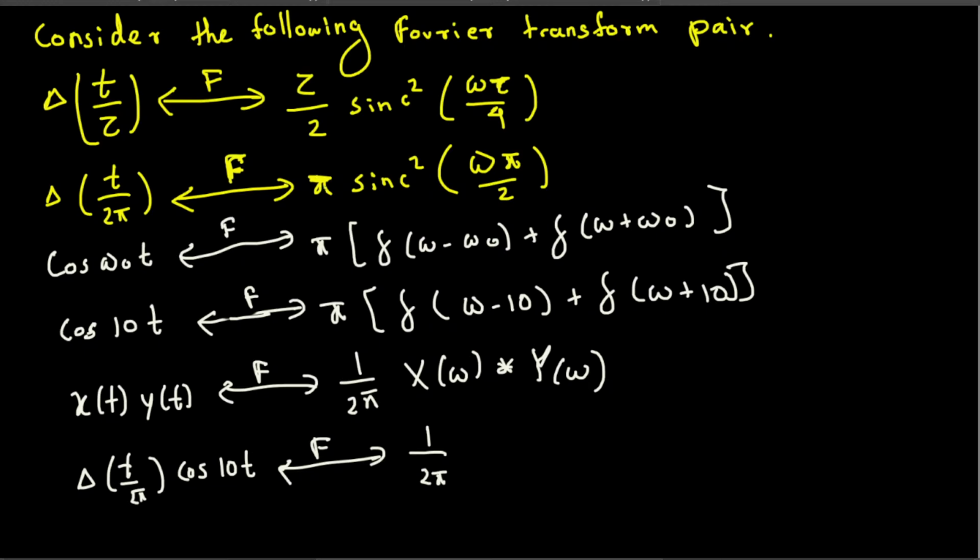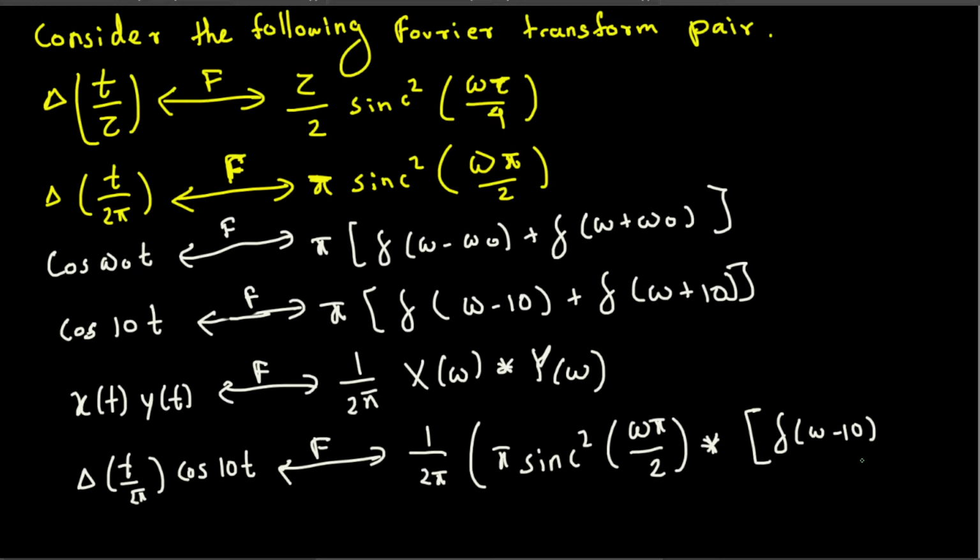The first function we derived is pi sin squared of omega pi over 2, convolved with the one we derived for the cosine, which is pi times delta of omega minus 10 plus delta of omega plus 10.